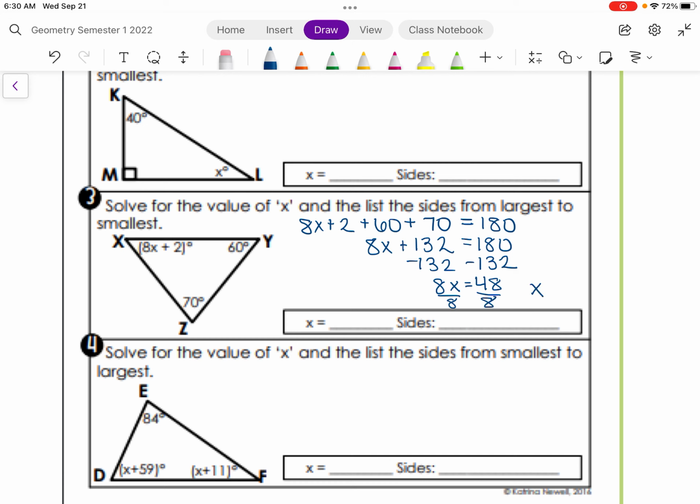So x equals 6. Which means, so we have 60, 70. If I plug in 6 here, 8 times 6 is 48. Plus 2 is 50. So the side that we don't know must be 50 degrees. And that's everything there is about triangle sum theorems.